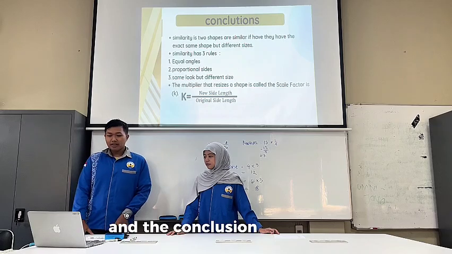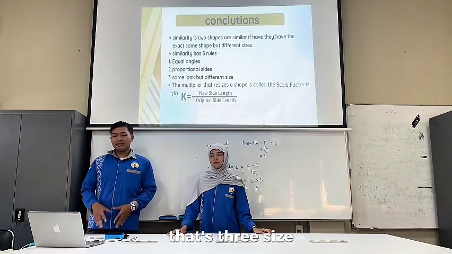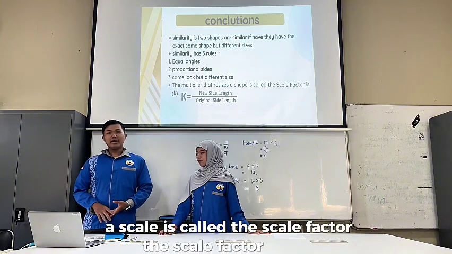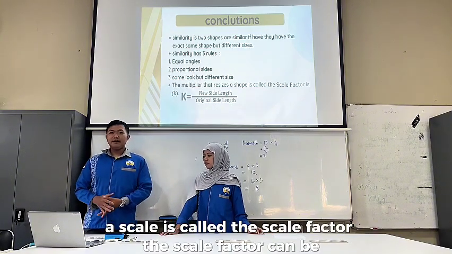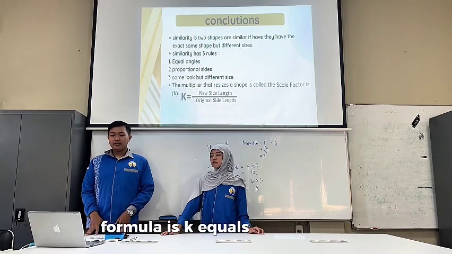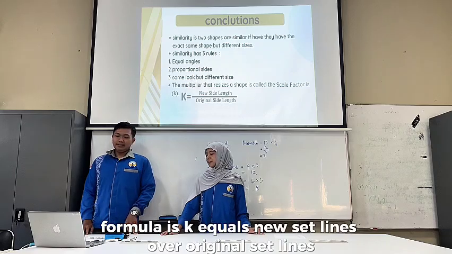Number 3, the multiplier between the sides of the shapes is called the scale factor. The formula is k equals new side lengths over original side lengths.